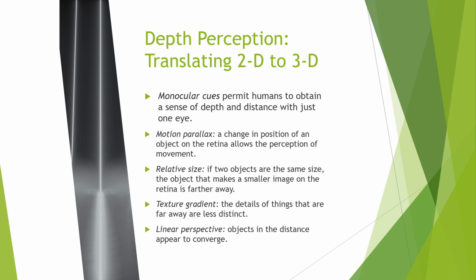Now, motion parallax. This is a change in position of the object on the retina, which allows the perception of movement. Motion parallax is when that object changes position on our retina, we also perceive it as moving, or it has moved.